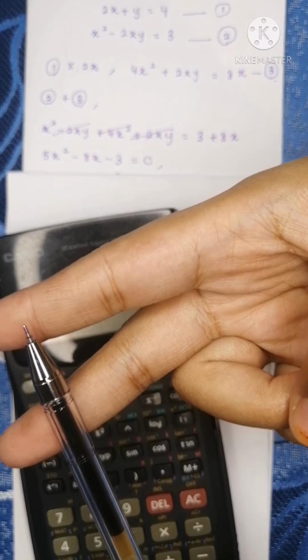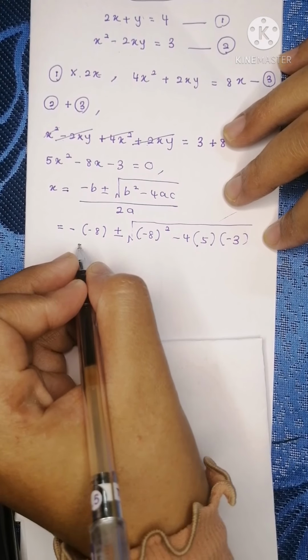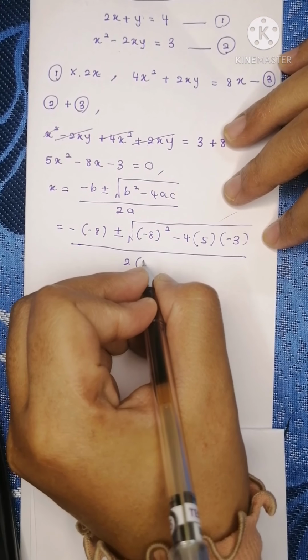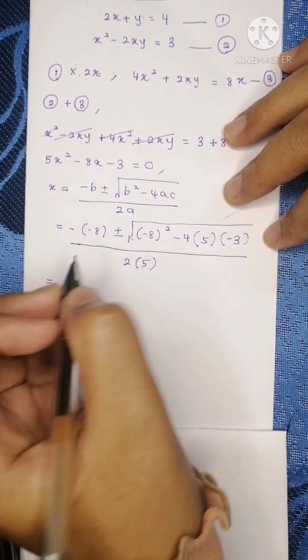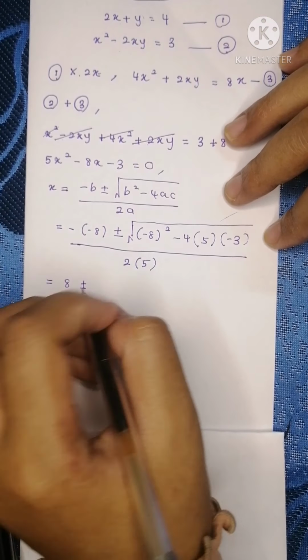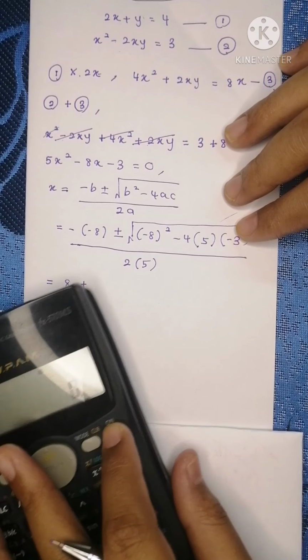So negative 8 squared, negative 4, a is 5, c is negative 3, and then the square root, over 2a. 2a is 5. Okay, now negative, positive 8, plus minus. Solve inside the root first.